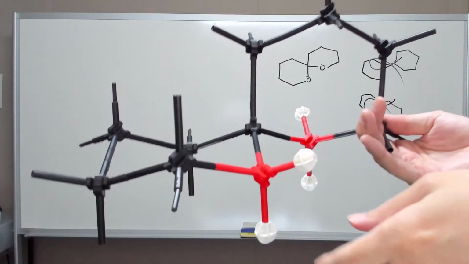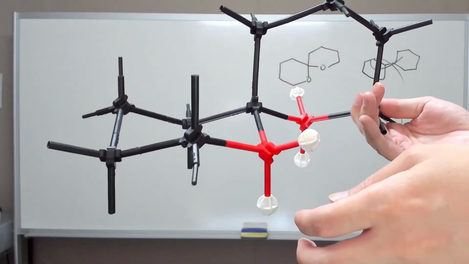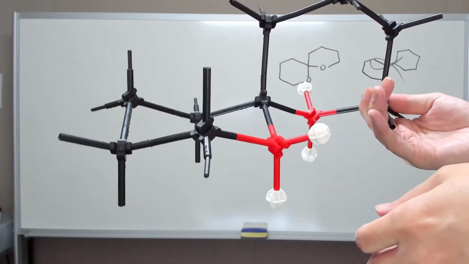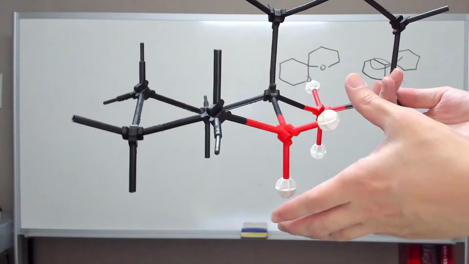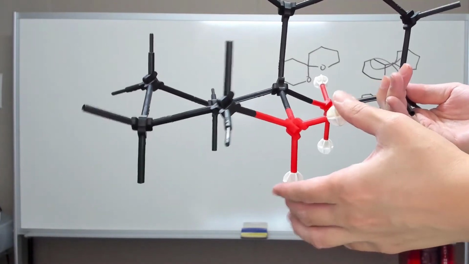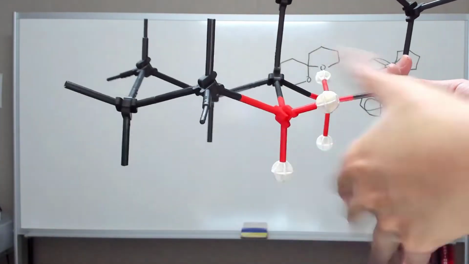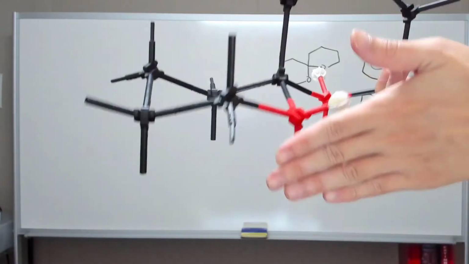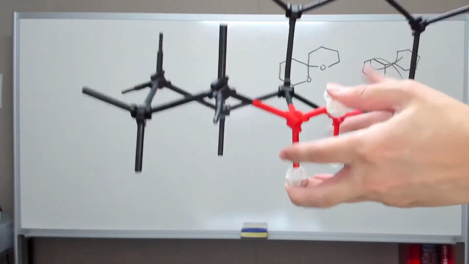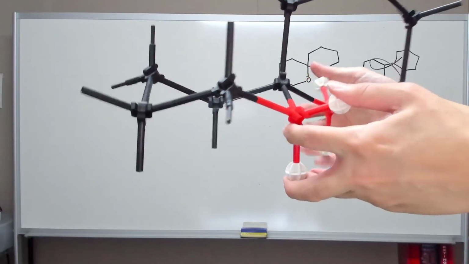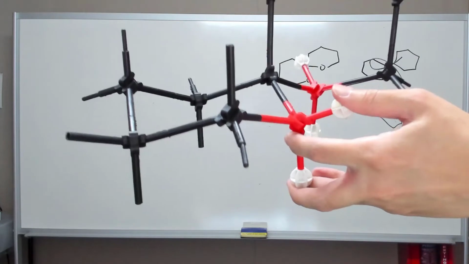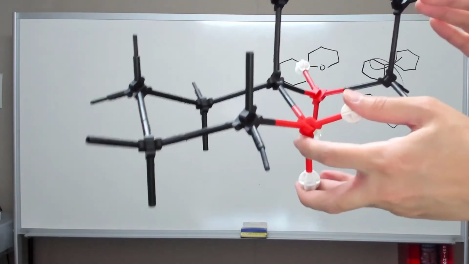After I've done the ring flip, you will notice that the lone pairs of electrons are pointing in different directions. This lone pair of electrons is now pointing near you, maybe on the plane of the board, and the other two lone pairs of electrons are pointing away. Once I do a ring flip, the lone pairs of electrons will be facing each other.